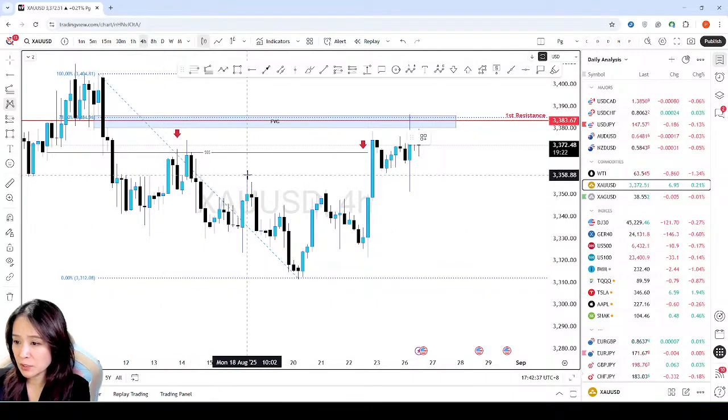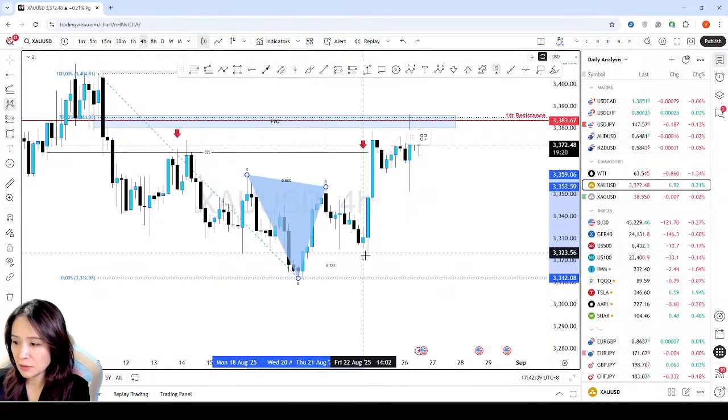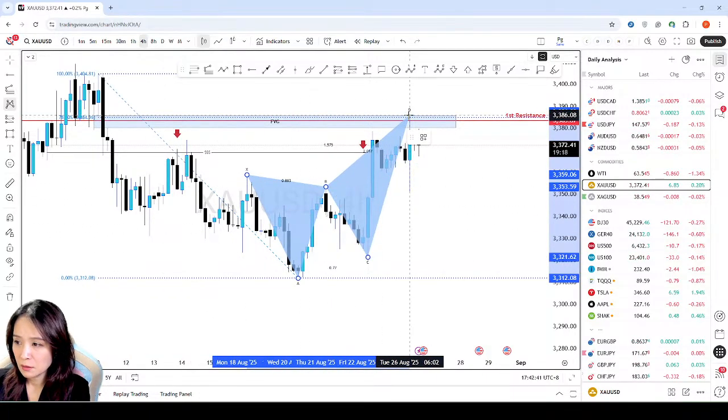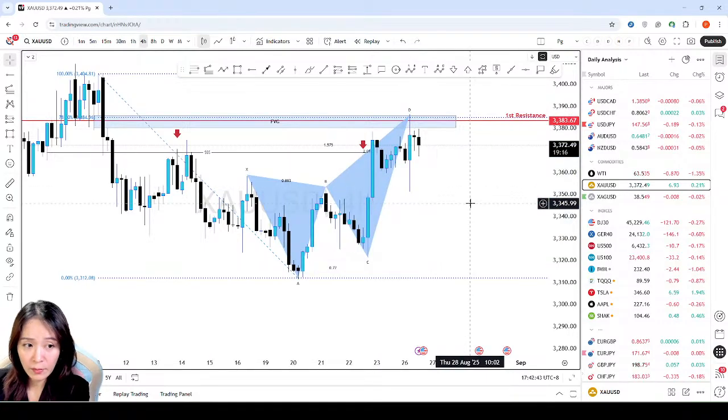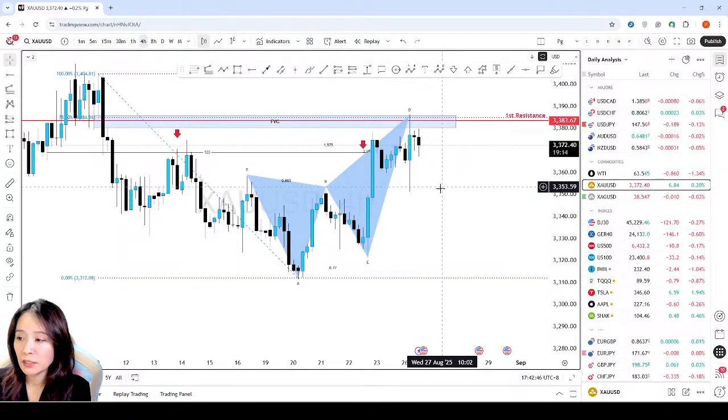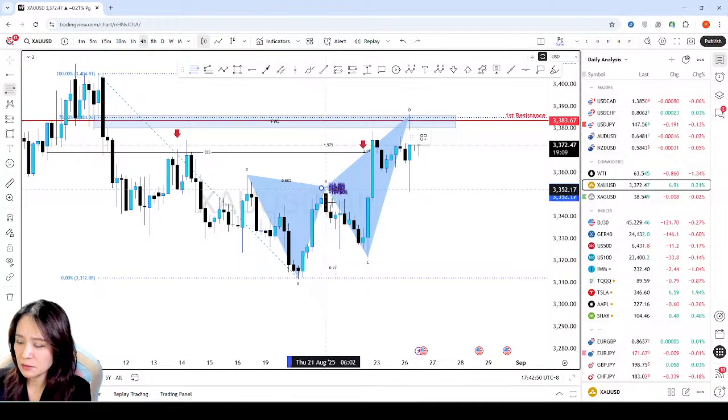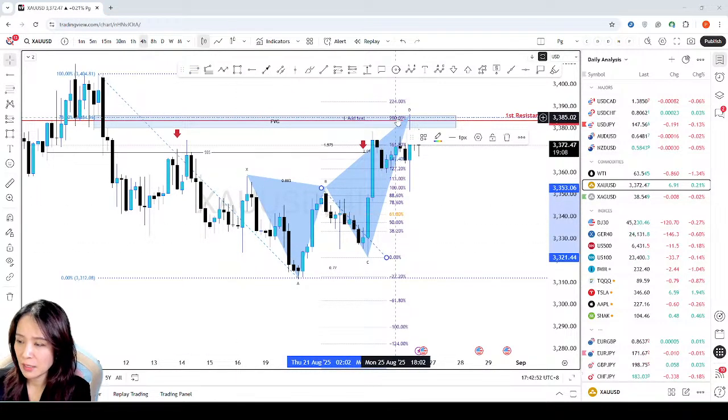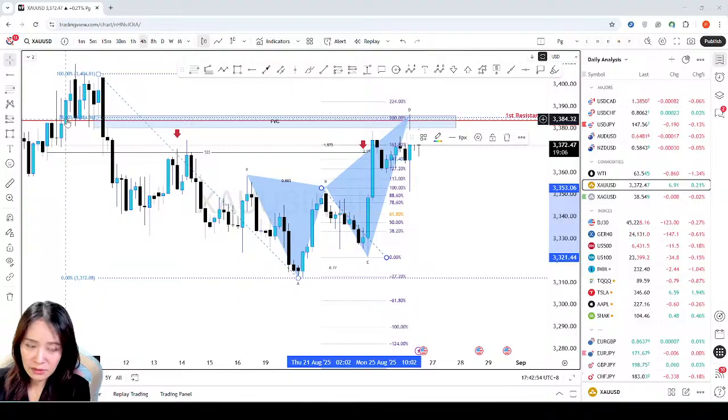You will know that this is our butterfly pattern. So we have here the 200% extension, the 78.6% Fibonacci retracement, and this is our FVG.